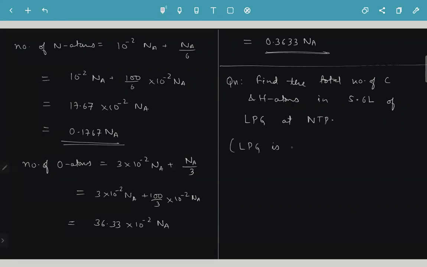LPG is mainly butane, and butane formula is C4H10. Find the total number of carbon and hydrogen atoms in 5.6 liters of LPG.